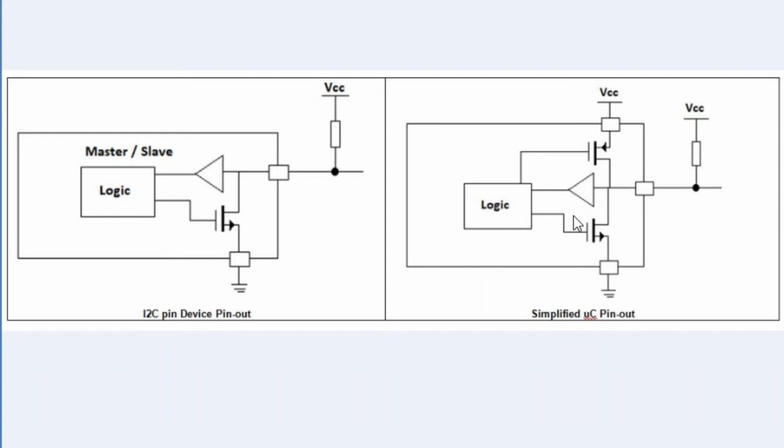And one of the ways of working around it is to effectively use the microcontroller itself to alter the circuit here. And so effectively what we use is the direction mode register, the control register, the one that tells you whether it's an input or an output.